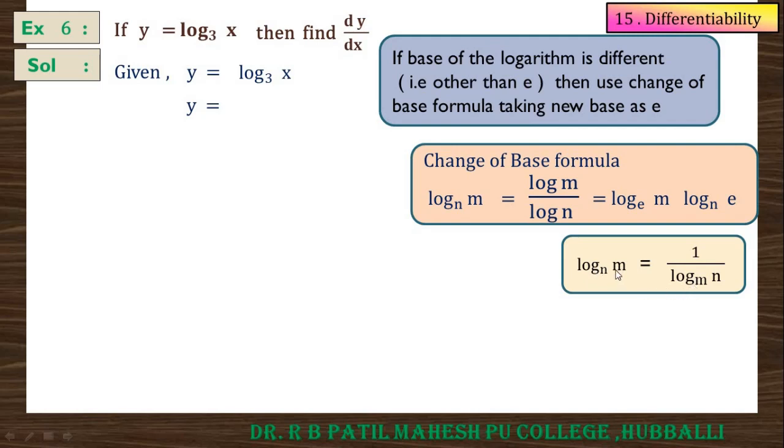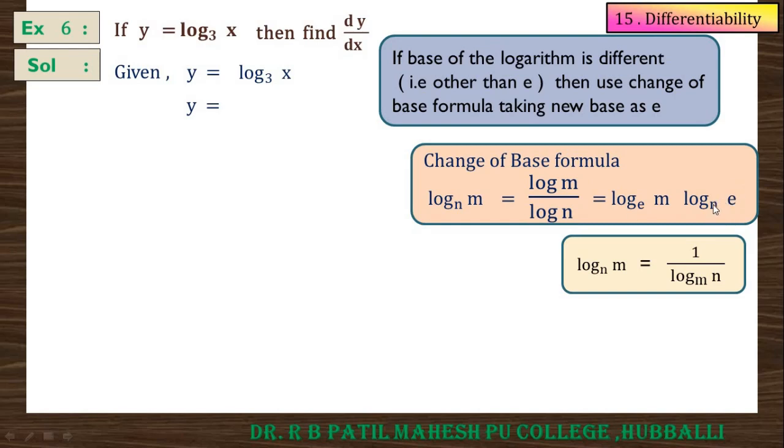That means if you write the numerator, these two numbers are interchanged. Here we have the same case. This divided by log n means 1 upon log n to the base e. If I write the numerator, the numbers are interchanged. Therefore, what does it become? Log m to the base e into log e to the base n.